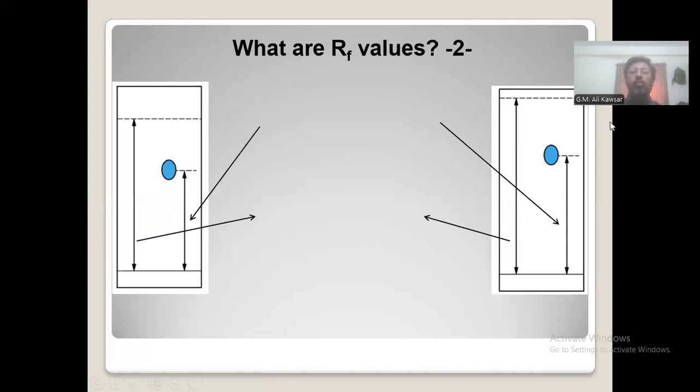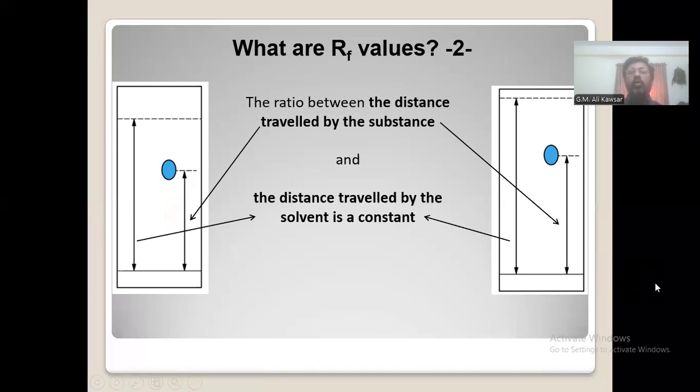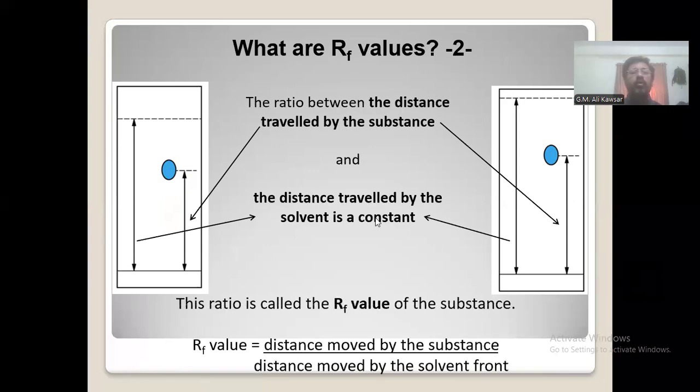Here also we have to find out the RF value. The RF value is the ratio of the distance traveled by the substance to the distance traveled by the solvent front. You can see in the picture that the mixture has a spot, and we can measure the distance from that spot to the pencil line.